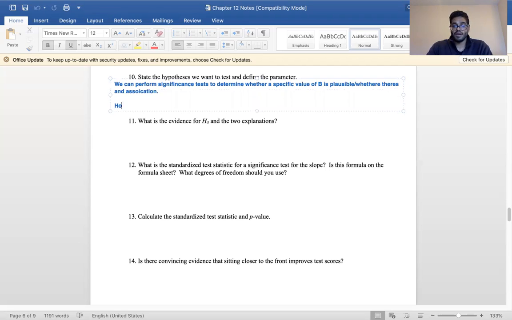And again, remember your null hypothesis is your baseline, so that's beta equals 0. And then Ha is going to be based on your graph. So it's going to be less than or greater than, depending on what your scatter plot shows you. If you think the trend is positive, then you say beta is greater than 0. If you're not sure, beta is not equal to 0. Or if it's a negative association, you can say beta is less than 0. So just look at the graph.